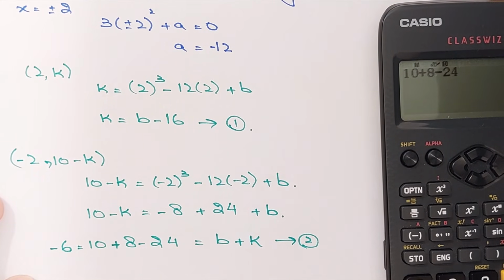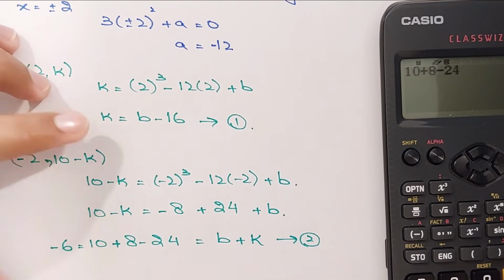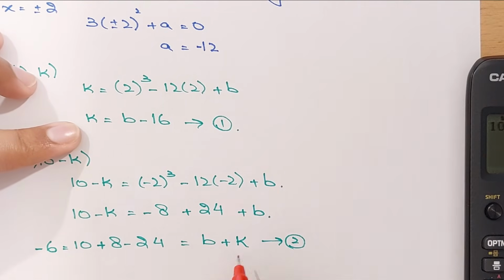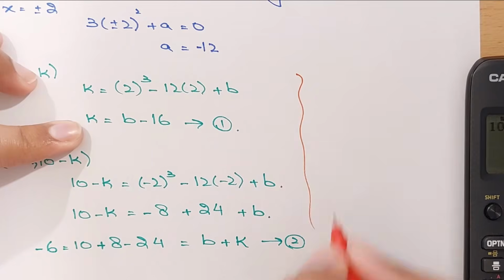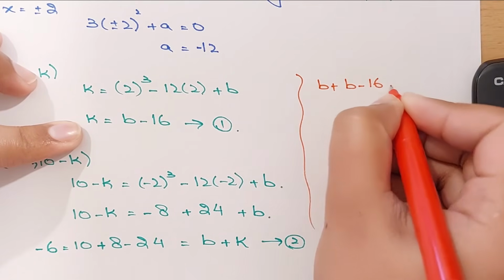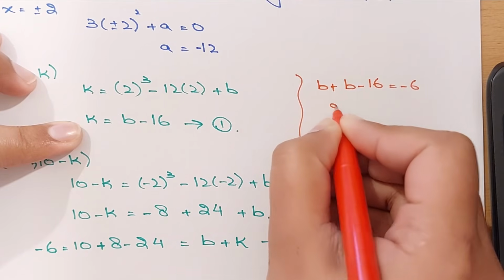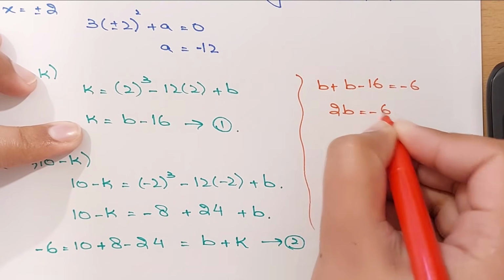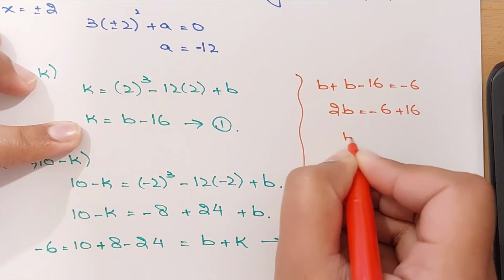Okay, now b plus k equals minus 6 and k value is b minus 16. So substituting that k value over here, we have b plus b minus 16 equals minus 6. So 2b equals minus 6 plus 16. And what is b?